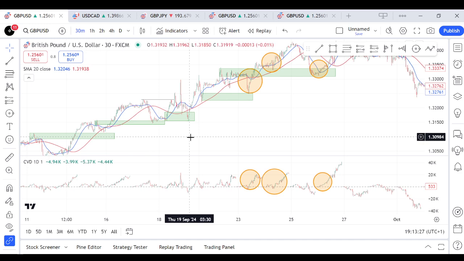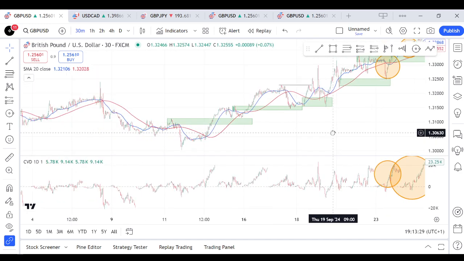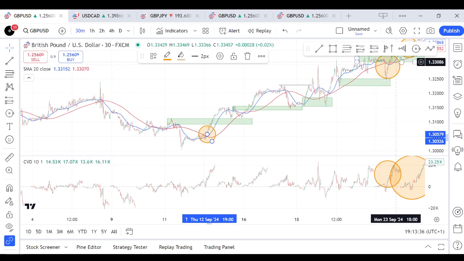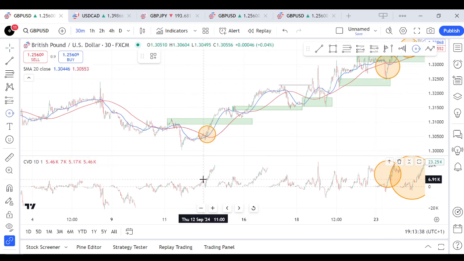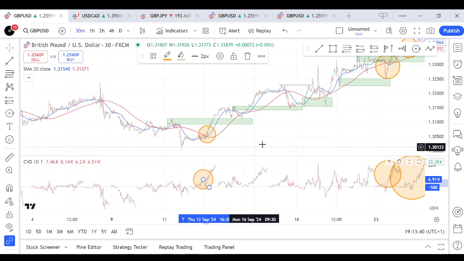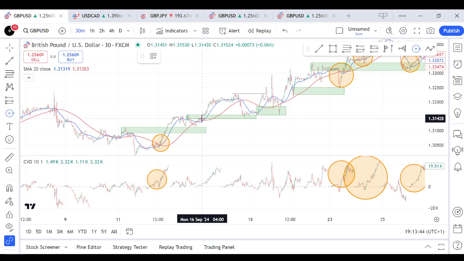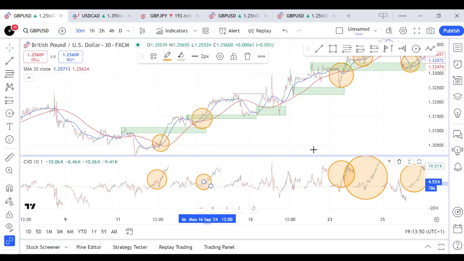You can see here that we were bullish with price giving us multiple buying pressure. You can see the alignment between the moving average cross right here and the CVD giving us this push to the upside, and it happened multiple times. You can see this cross right here, and you can see the rise in CVD here also.